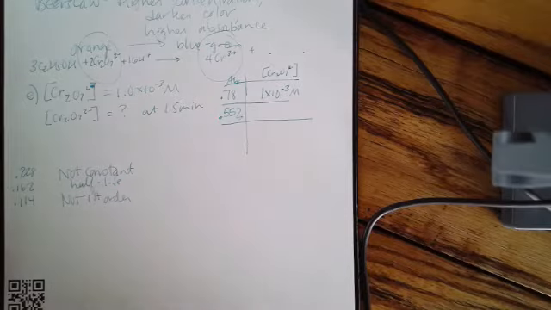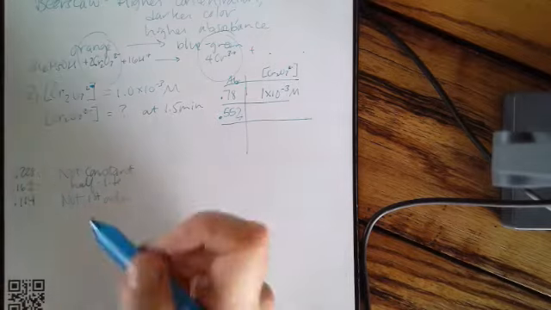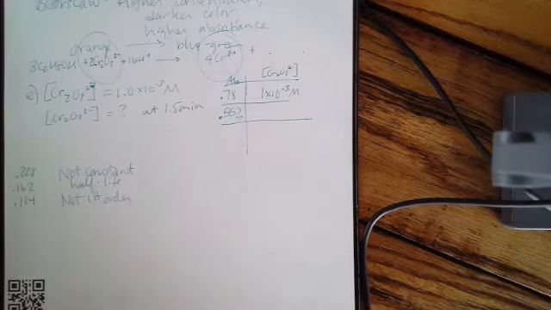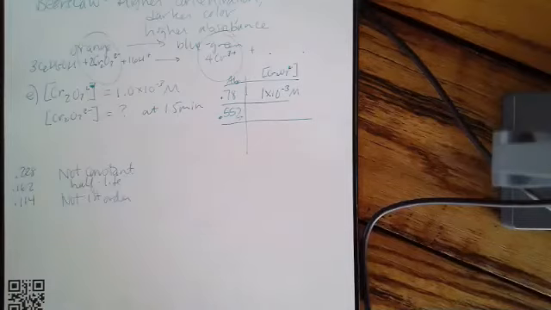F says a student claims that the data indicate that the reaction is first order for dichromate. Do you agree? We could say no because the concentration is not changing at a constant rate, the half-life is not constant over time, and so it's not first order.